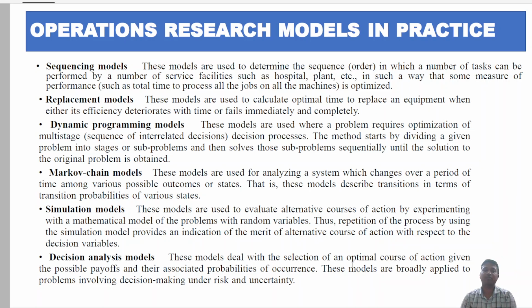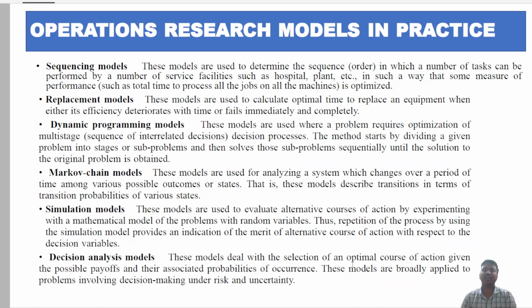Next one is Markov chain models. These models are used for analyzing a system which changes over a period of time among various possible outcomes or states. That is, these models describe transitions in terms of transition probabilities of various states. Next one is simulation models.